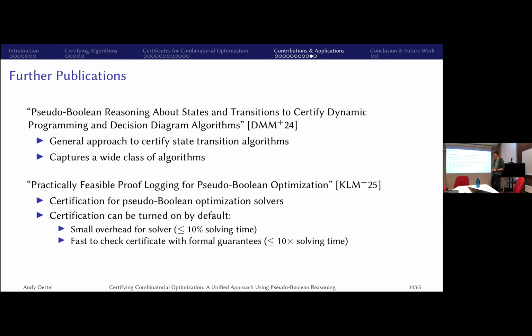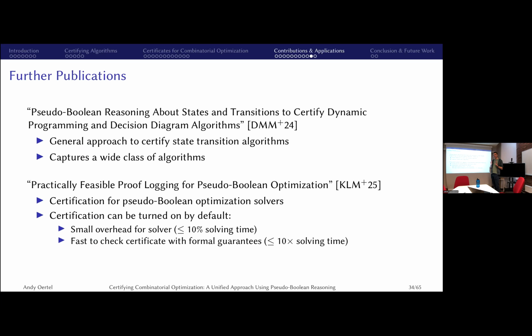So there is one paper about certification for systems that reason with states and transitions. You can think about it as dynamic programming algorithms or decision diagrams. This is a very general approach where we can represent a state as some pseudo-Boolean constraints. So we're thinking about a knapsack problem, for example.